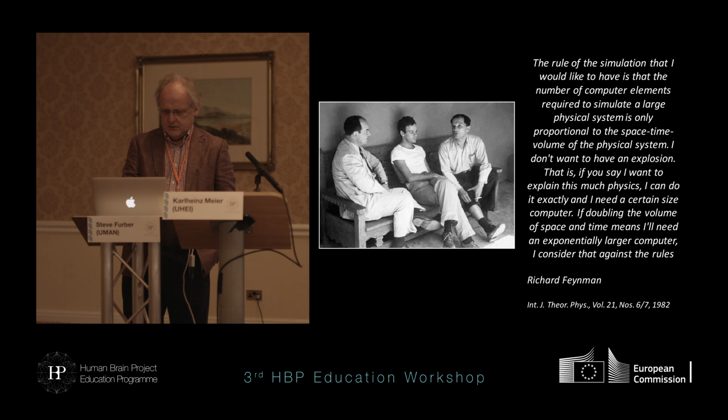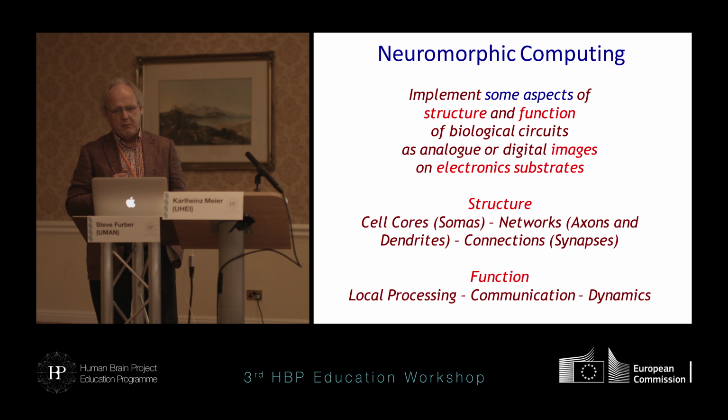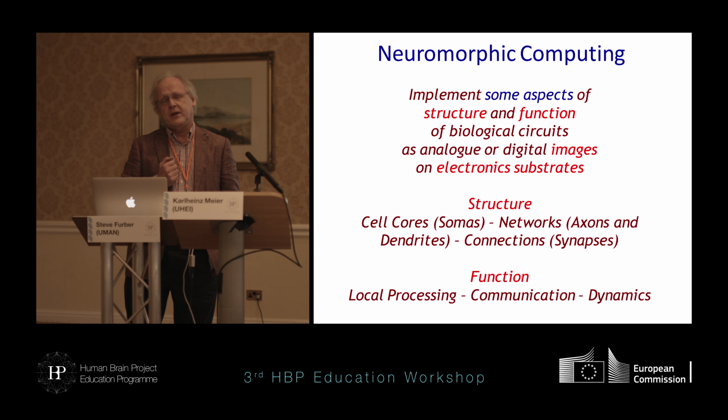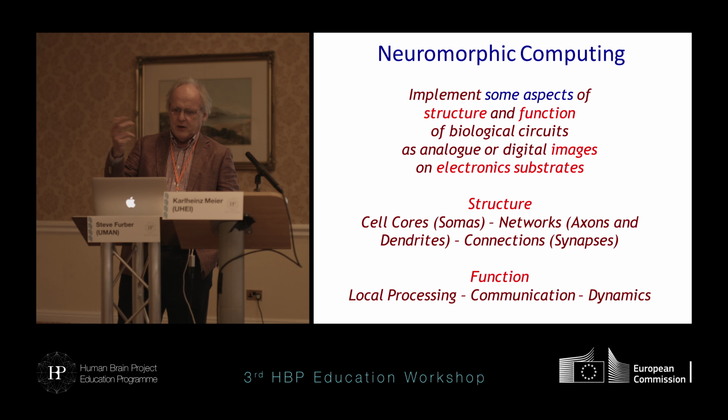Now, this talk is about neuromorphic computing, so it's time we mentioned it. The idea of neuromorphic computing is to try and fill in some of the gaps in that energy scale. And the key concept in neuromorphics is that we will implement some aspect of the thing we're trying to model, the structure and/or the function of biological circuits, and we'll implement those in some analog or digital form on electronic substrates.